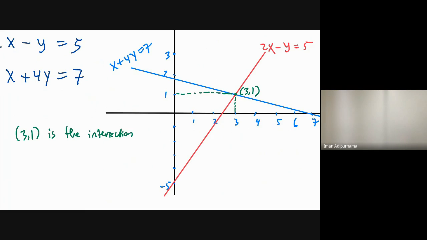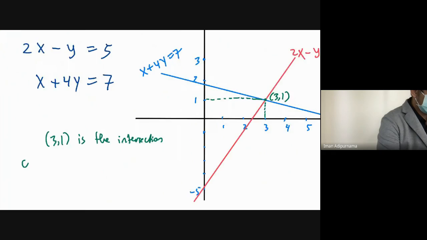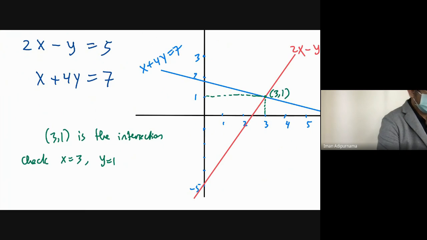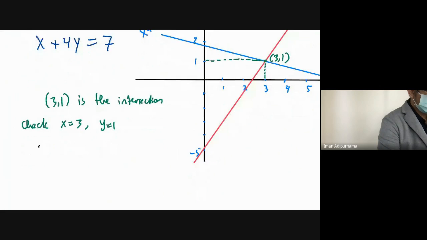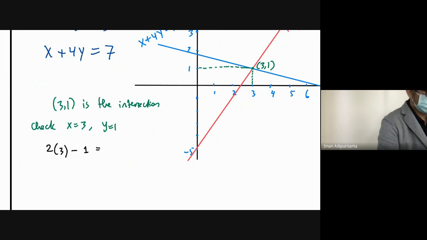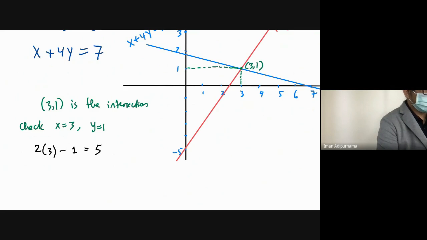If you look at the graph, because it is certainly at this point here, then if we have this kind of equation, 2x minus y equals 5 and x plus 4y equals 7, we know that our intersection here will be our solution. So if we check x equals 3, y equals 1, that will be true.